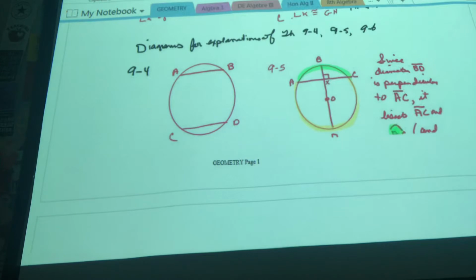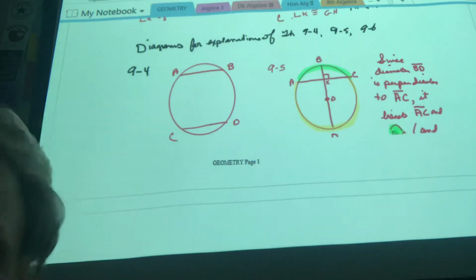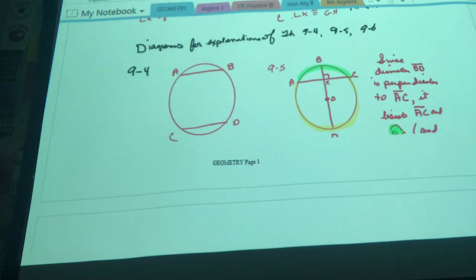We'll start with Theorem 9.4. I have chord AB and chord CD. Chord AB is the chord of arc AB, and likewise, chord CD is the chord of arc CD.